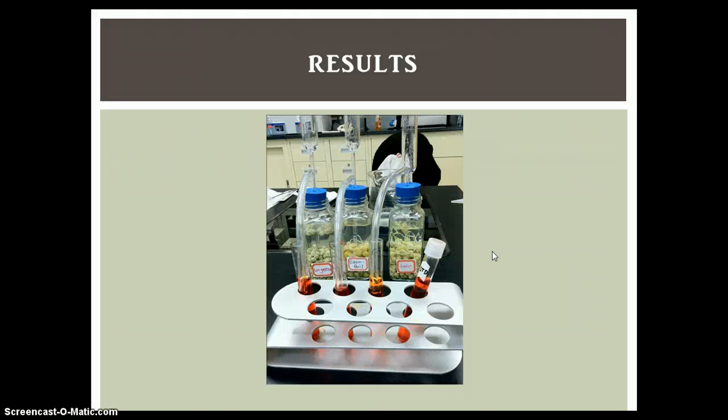So therefore, it didn't produce any yellow and no carbon dioxide was produced, meaning no cellular respiration occurred. So the germinated peas will always have the highest respiration because they need energy to become a seedling. And that's it for this part of the experiment.